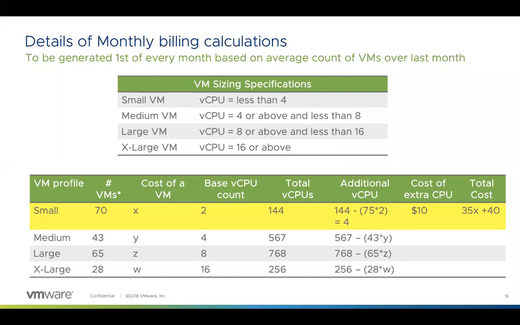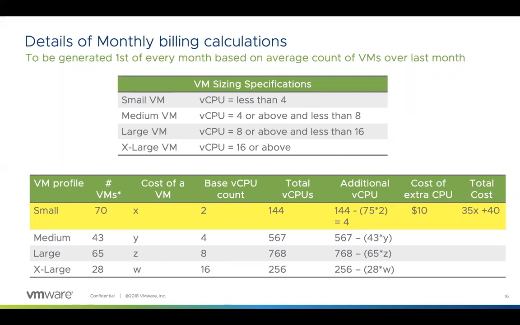Now when it comes to the cost, if you look at the small VM, I've given an example in the table. Say the count of small VMs is 70, and the cost of a VM is considered as X for a small profile. The base vCPU count on which this cost is calculated is 2 vCPUs, which means they charge the cost of X for 2 vCPUs.